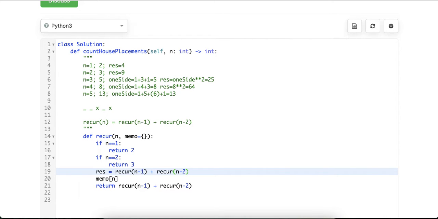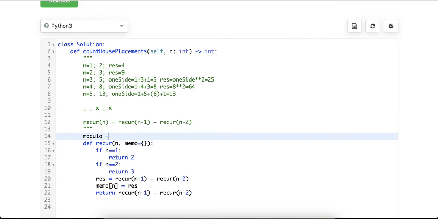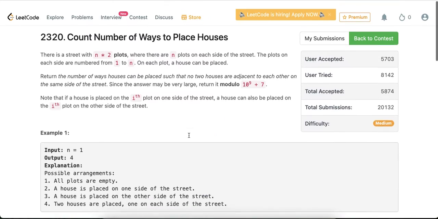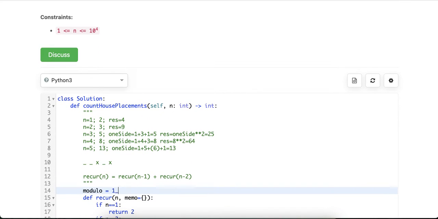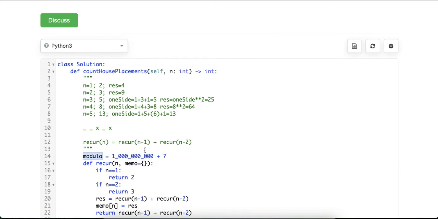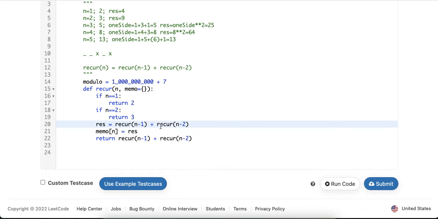Result is this, and then we just need to remember to do the modulo, because it can be pretty big. Modulo just now was 10 to the power of 9 plus 7. So we do the modulo here, and we return this as the result.